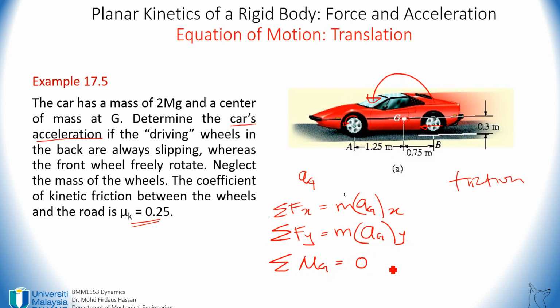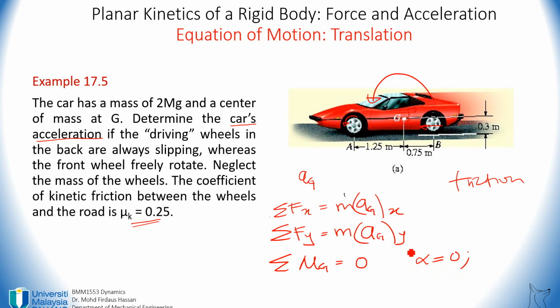The car doesn't rotate, that's why it doesn't have the value of I alpha, because alpha is 0. Now what do you have to do?